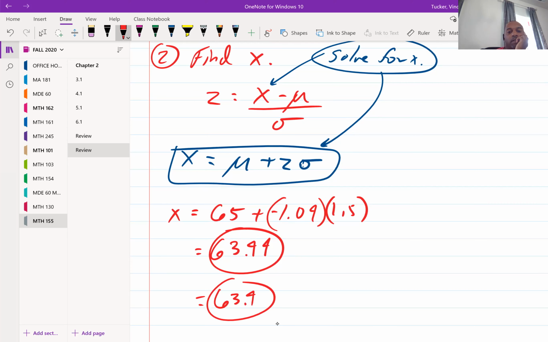All right. Questions on the process or questions on anything that I did for that problem? Okay, the next one deals with percentile again, so we do the same thing.